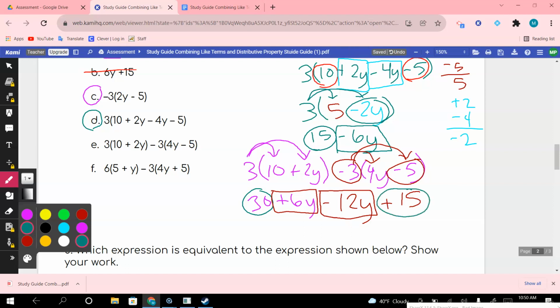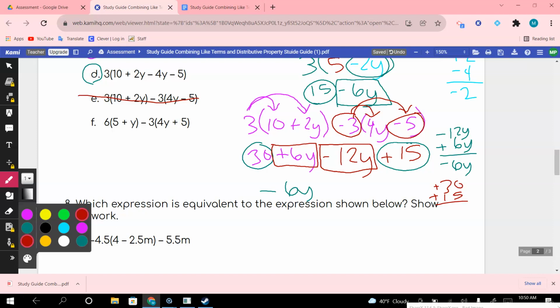Okay, so when we're putting together our y's, we have negative 12y, positive 6y, different signs, subtract, keep the sign of the greater absolute value, so we have negative 6y. So far, so good. And then when we put together our constants, we have 30 and 15, and we would be adding them because they have the same sign, which would be 45, so this one is not equivalent.